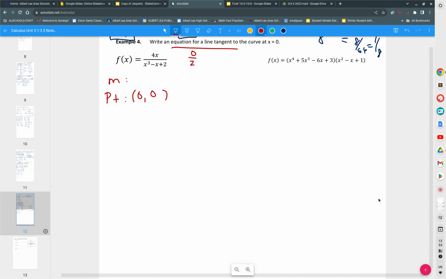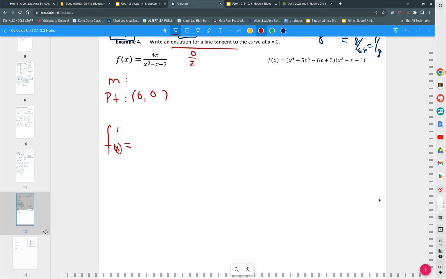And now, how do I find the slope? The derivative. The derivative produces slope, doesn't it? What rule do you have to use to find the derivative? Quotient. We'll do the quotient rule. You tell me.